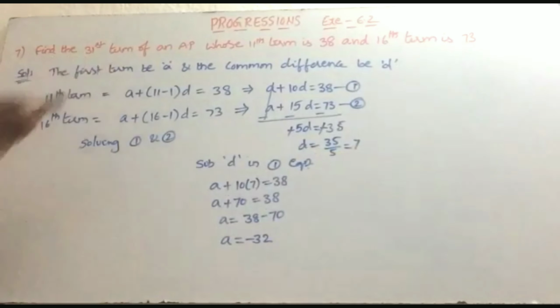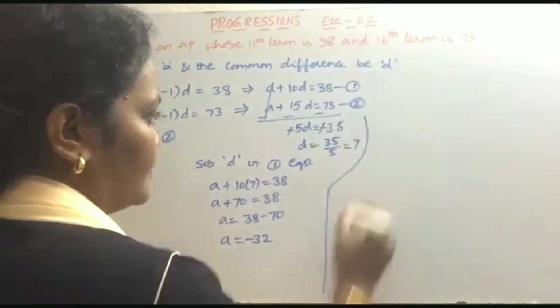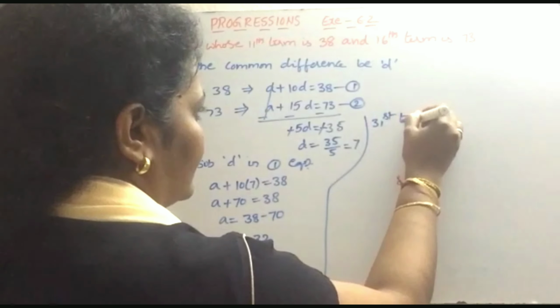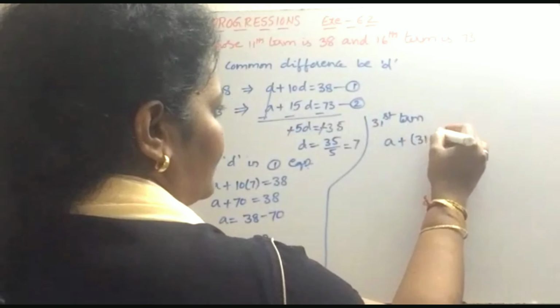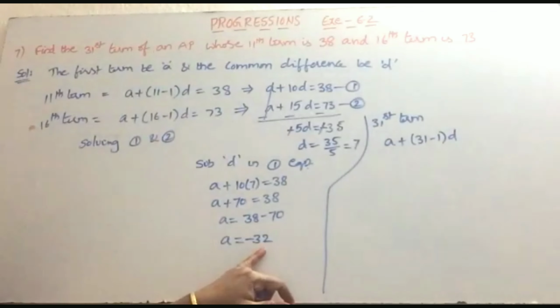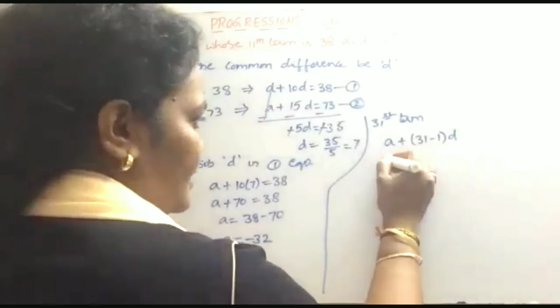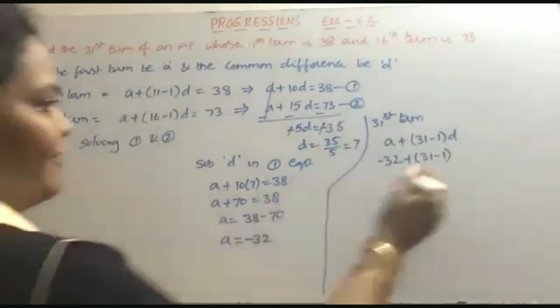Now we will find the 31st term of the AP. So the 31st term of the AP is A plus 31 minus 1 into D. So A is minus 32. So minus 32 plus 31 minus 1 into D, which is 7.